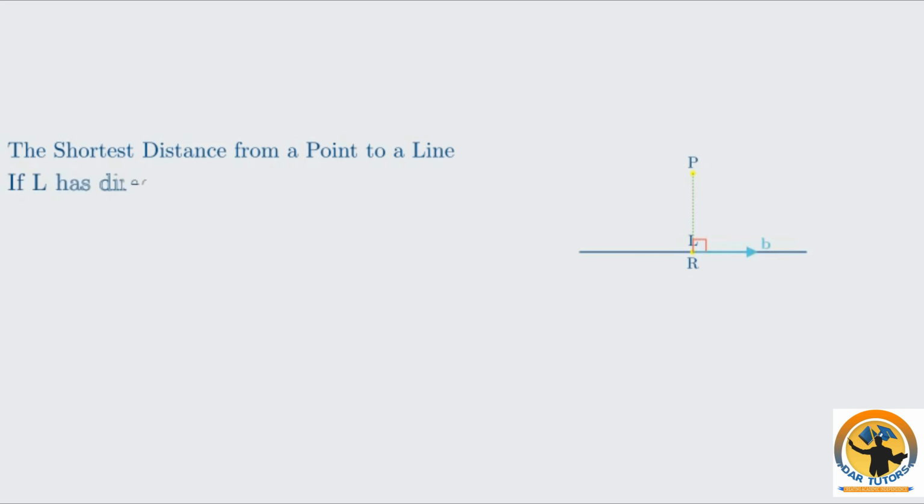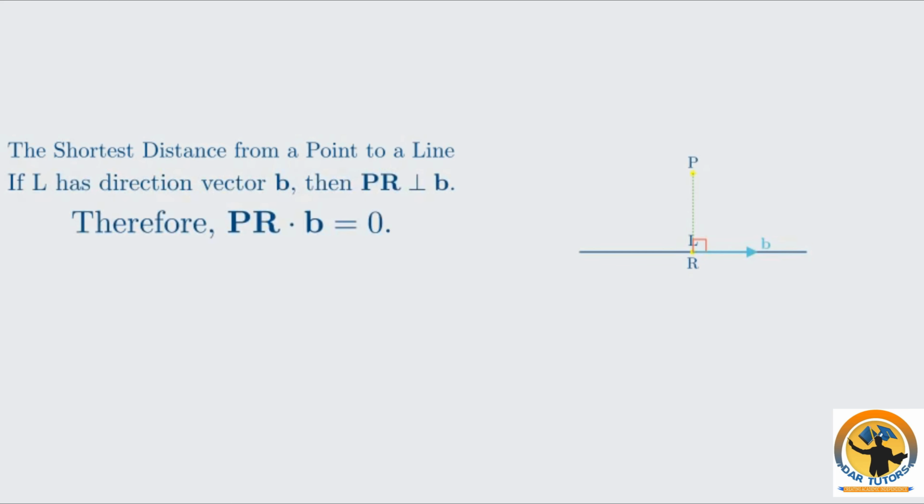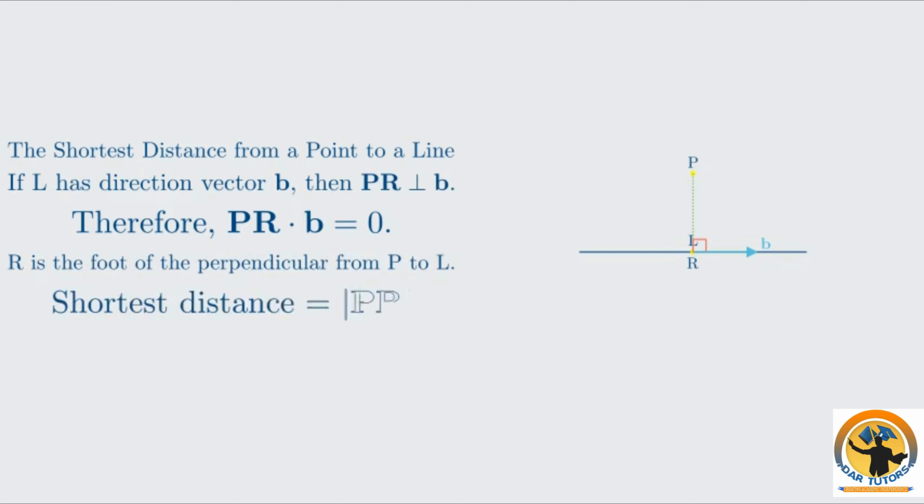If the line L has a direction vector b, then the dot product of PR and b must be 0. This is the key condition we will use to solve these problems. The point R that satisfies this condition is called the foot of the perpendicular from P to the line L. Once we find this point R, the shortest distance is simply the magnitude of the vector PR.